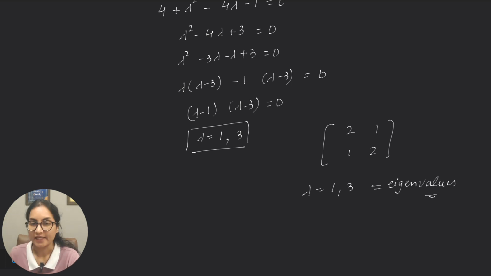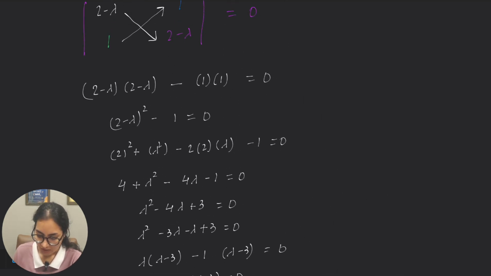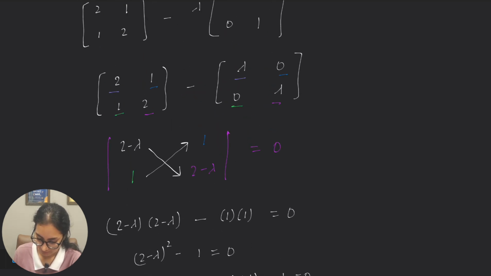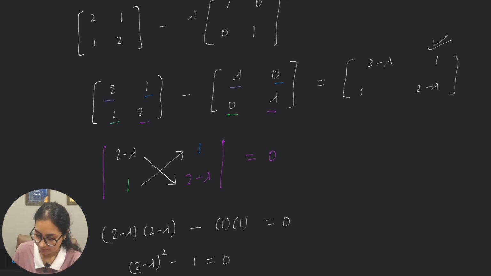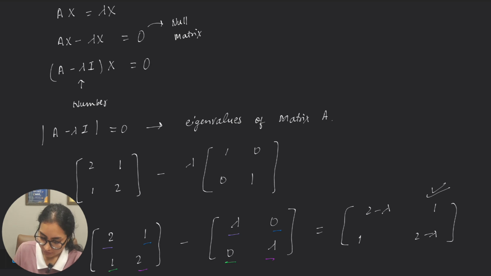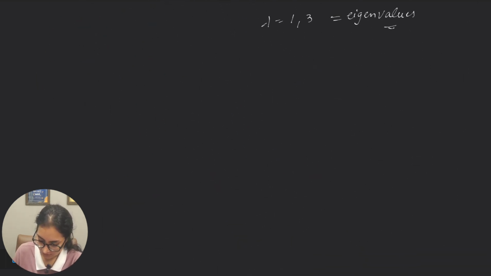Now let's calculate the eigenvectors. Just remember this equation, and remember this matrix. Let's take it here: A minus lambda I times x equals 0.